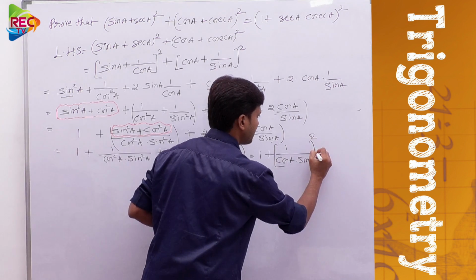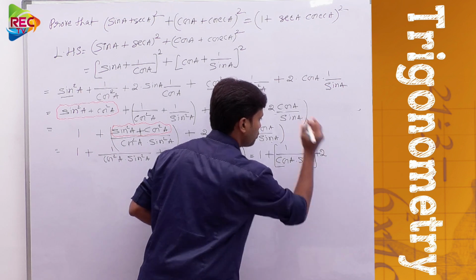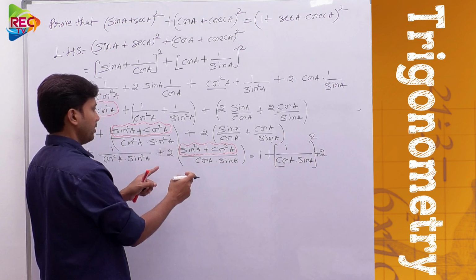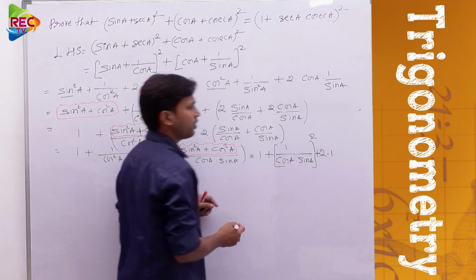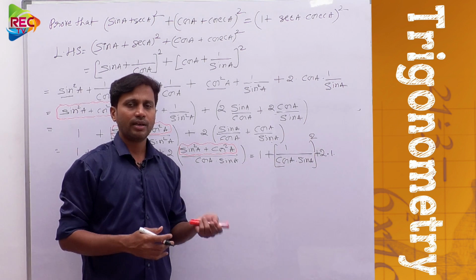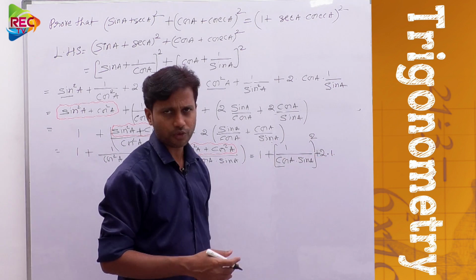Now what is left over here in this last expression? We can write this as 2 into 1 by cos a sin a. Into 1 also we can write or not? Because any number multiplied with 1 gives the same number only. Now we can put 1 also there.